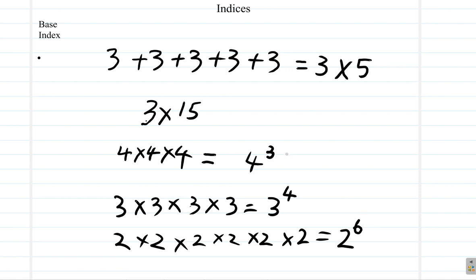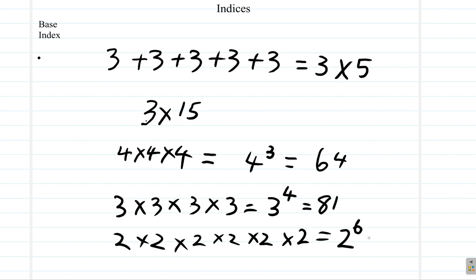So here, 4 by 4 by 4. If you want to get the answer, you say 4 multiplied by 4, that's 16. 16 multiplied by 4, that's 64. So the answer here would be 64. What would this be? 3 times 3 is 9. 9 times 3 is 27. 27 times 3 is 81. So this would be 81.